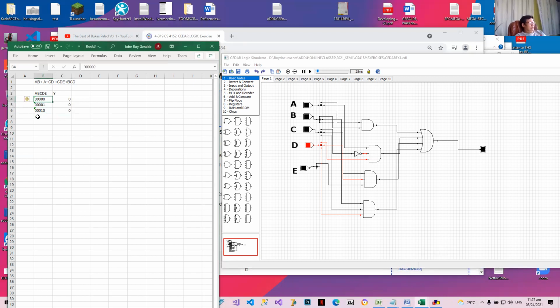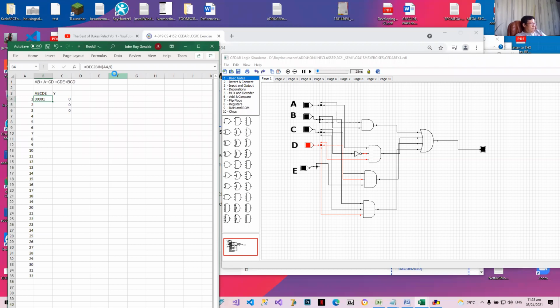Pwede naman ganito eh. 1, 2, 3, 4, 5. Hanggang, ang 4 is 16. So this will be hanggang 32. Okay. And then we'll say equals depth to bin of this. Depth to bin. I think we'll have to put a 5. 5 na ba yan? 1, 2, 3.